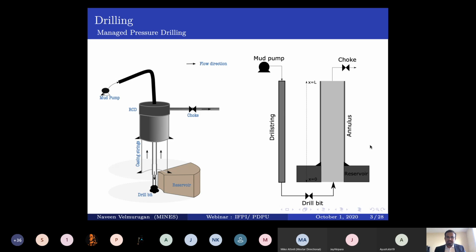Now, I would like to point out that let us say the left-hand side is the reality. And if you want to mathematically model such systems as shown in the right-hand side, you're always going to miss out something, right? You can never accurately predict. It is not the reality. You cannot model a reality.